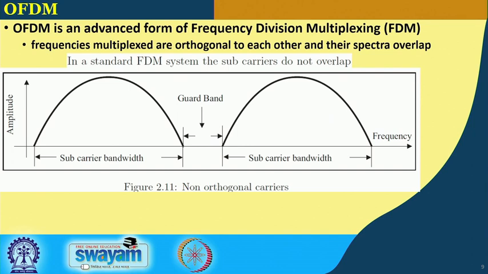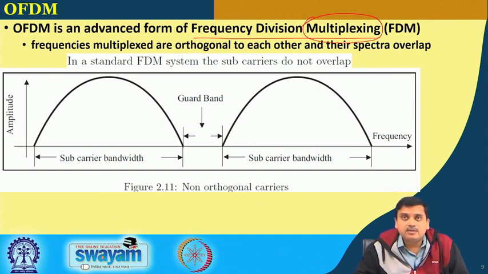Okay. Now, when we start discussing OFDM in detail, as the name reads out, the most prominent part to remember is that it is frequency division multiplexing. This is very, very important. It means that there are different carriers, and these carriers are multiplexed.